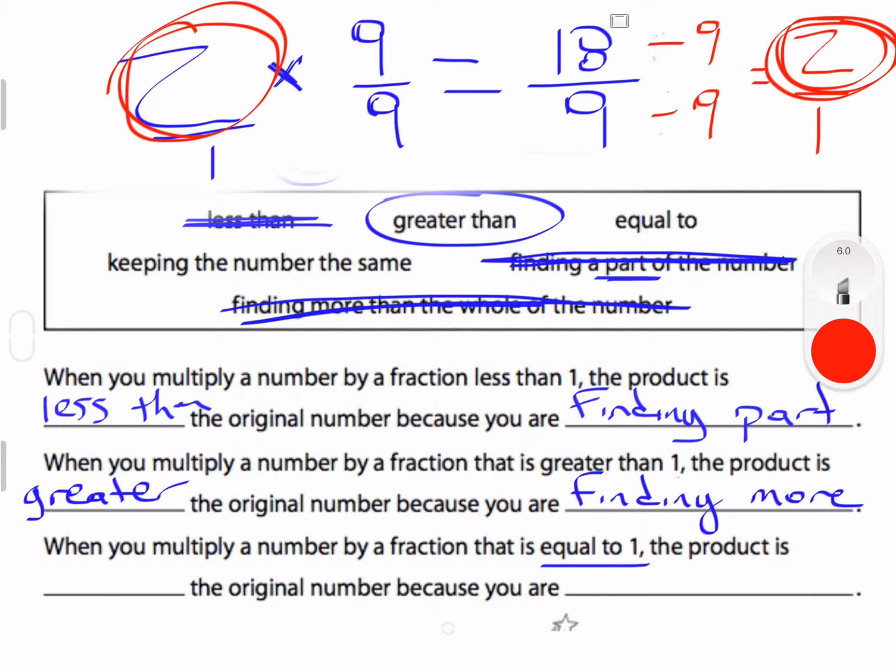So our original number is going to be equal to, and it's going to be kept the same. The product is equal to 2. The original number, because you are keeping the number the same. And that's how you solve the final question on the quiz tomorrow.